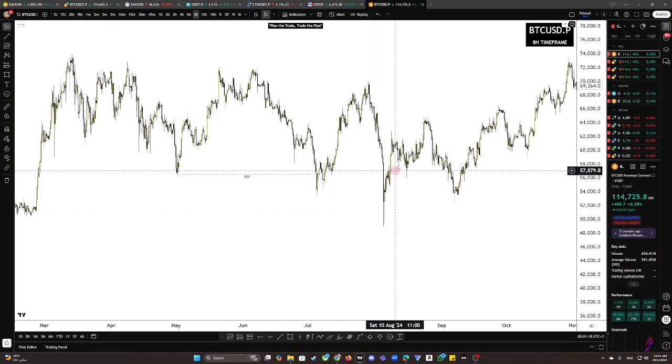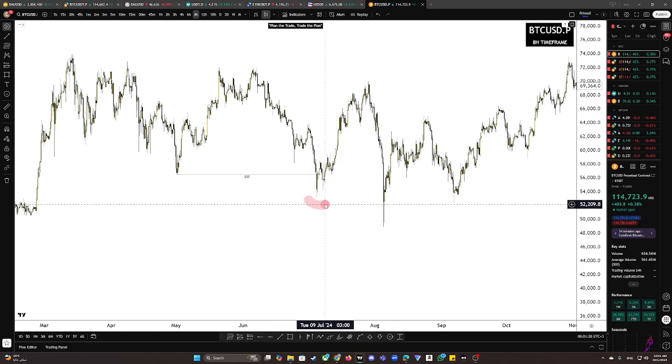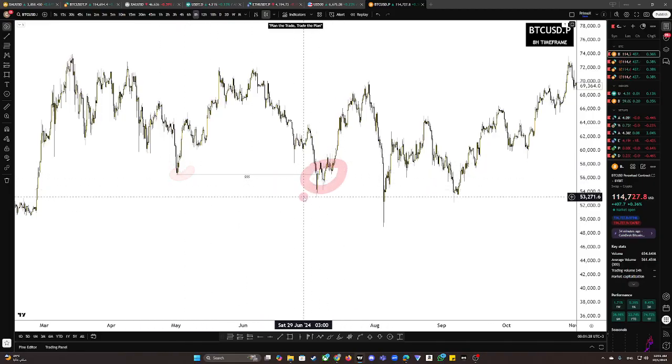And in this case it happened again. So people who entered here, and some retail traders are smart, they usually wait for a liquidity grab before they enter, and that definitely happened here. But at the end of the day, they also put their stop loss here, and it's not an issue of stop loss, it is just an issue of manipulation.